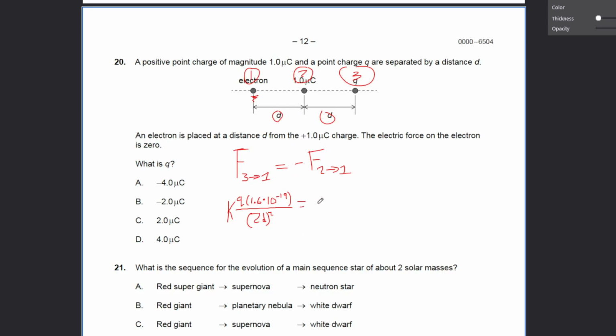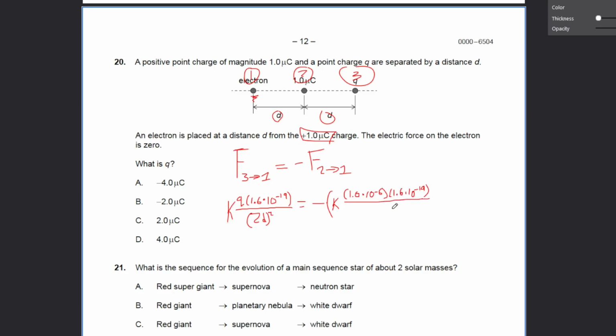Then this is equal to negative k times 1.0 times 10 to the negative 6, which is the value we're given. And that's, again, times the 1.6 times 10 to the negative 19, the charge of the electron.